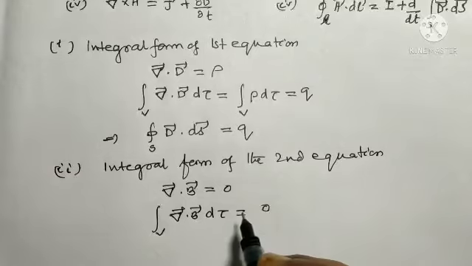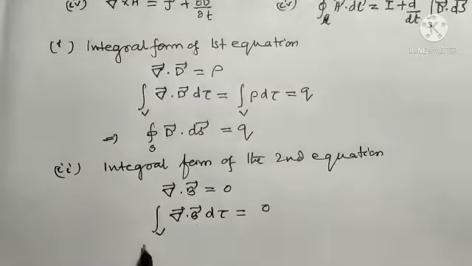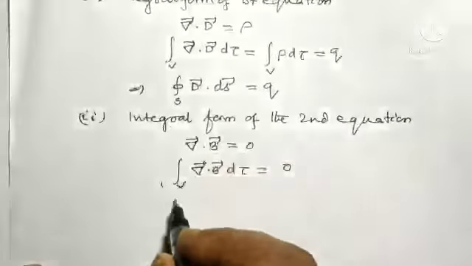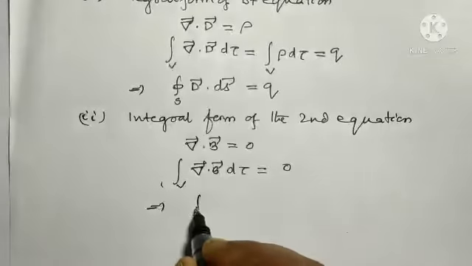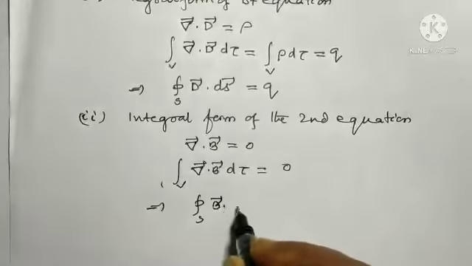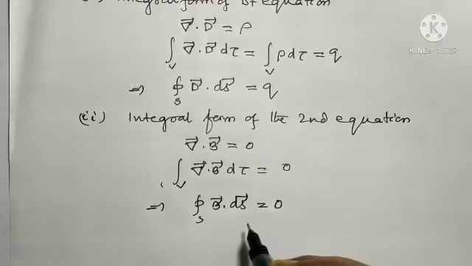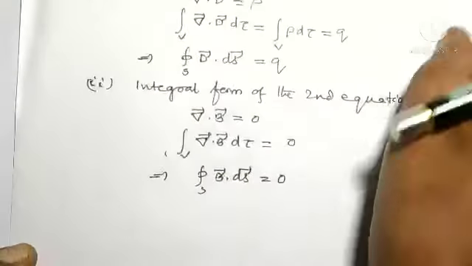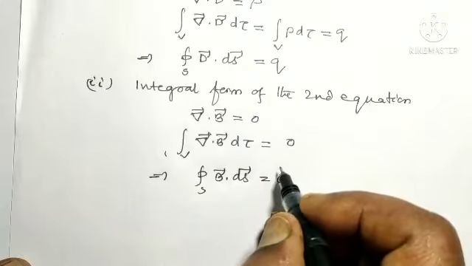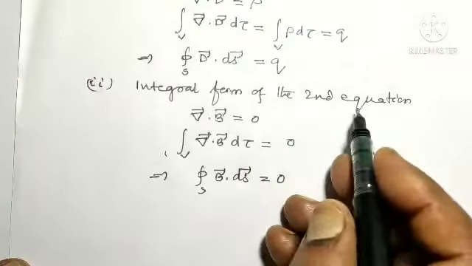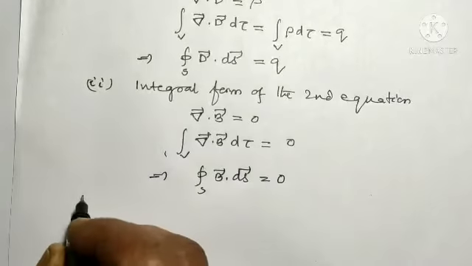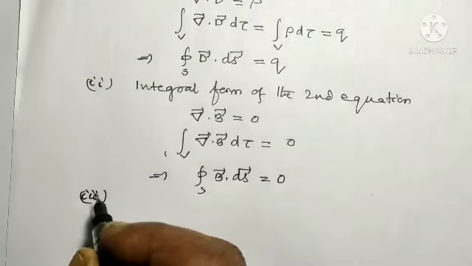Now applying Gauss divergence theorem, the left hand side can be converted into surface integral over a closed surface. So B dot n cap dS, or dS vector, this is equal to 0. So this is the integral form of second equation.